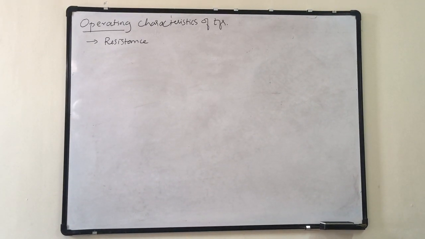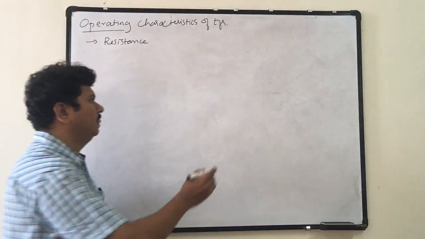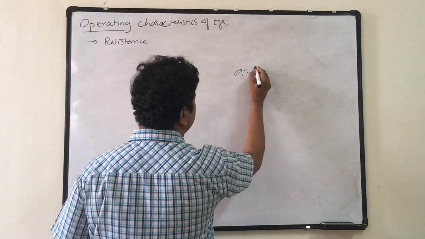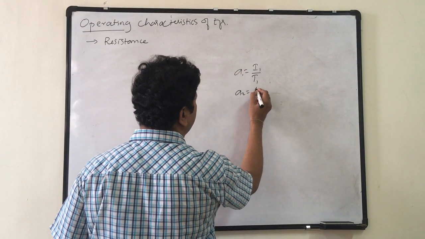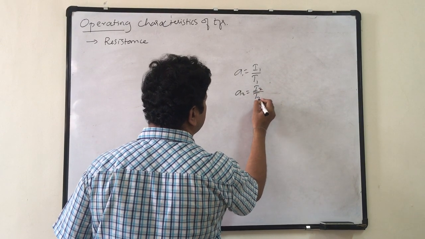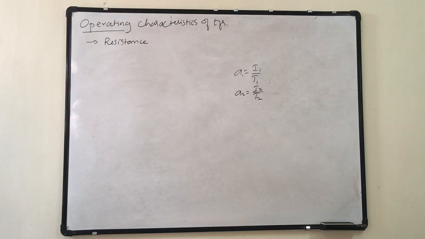In the previous sections we have calculated the cross section area of the conductor. We had A1 equals I1 by delta and A2 equals I2 by delta, sorry, not T1, I1 by delta and I2 by delta. So the cross section area of the conductor is known.